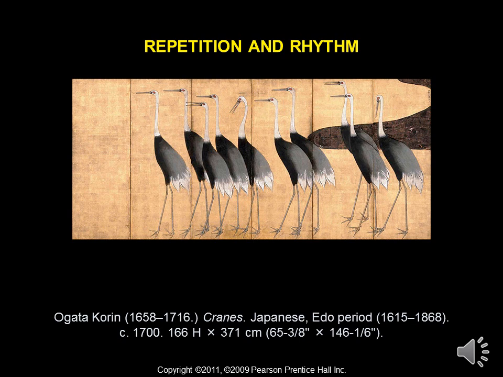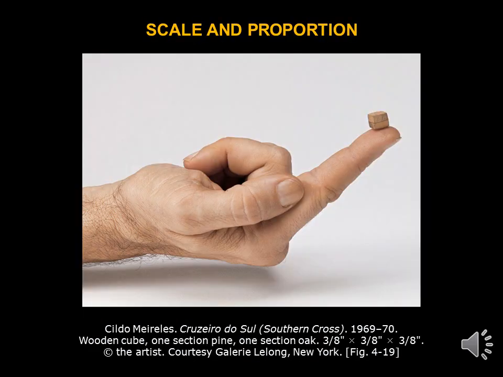In the visual arts, rhythm is created through the regular occurrence of elements with related variations. As we can see here in Cranes from Ogata Korin, roughly from around 1700, we get repetition and rhythm from the birds, their bodies, their legs forming a pattern that is repeated with some variations. The last principle of design we'll be going over is scale and proportion.